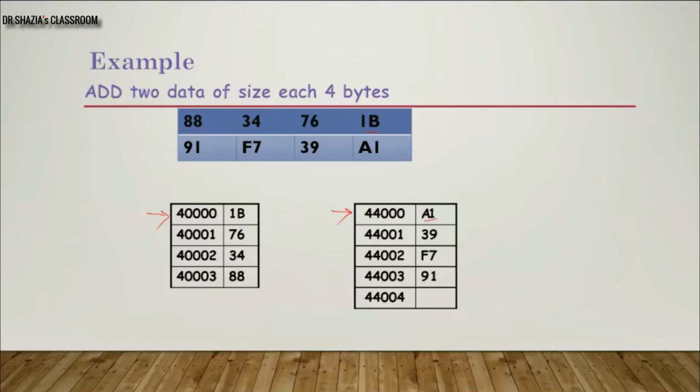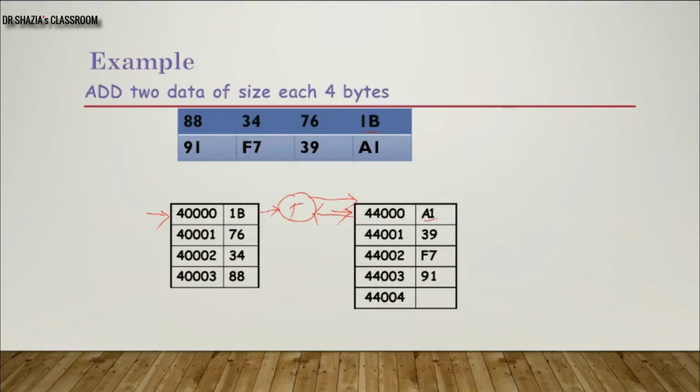Next, we have to add the content of 40,000 with the content of 44,000 and store the result back into the memory location 44,000. So I'm going to use 44,000 as my destination, and 40,000 will be used as the source.